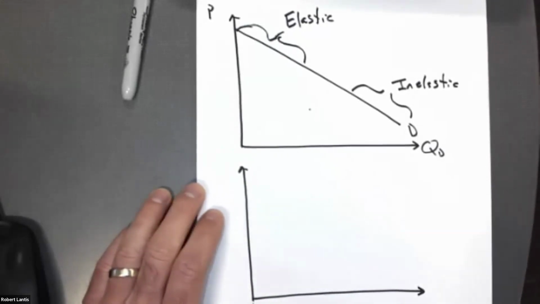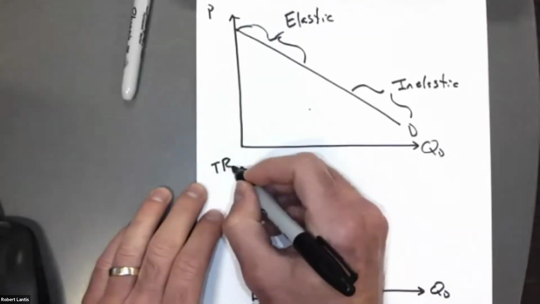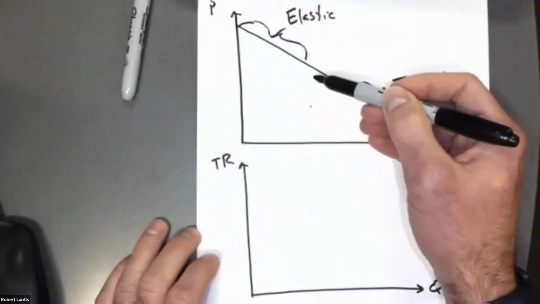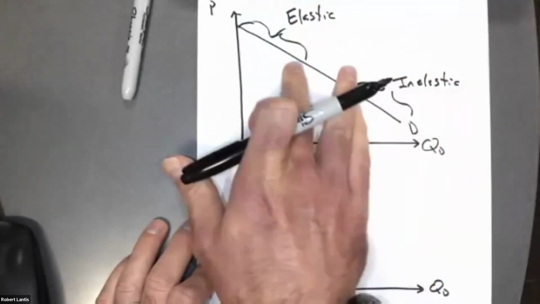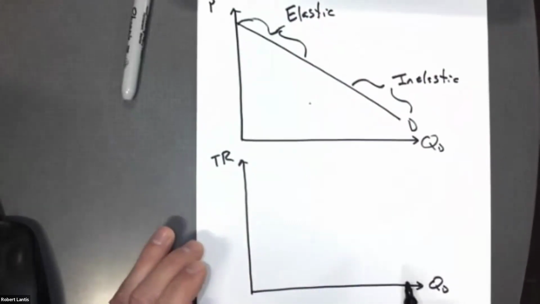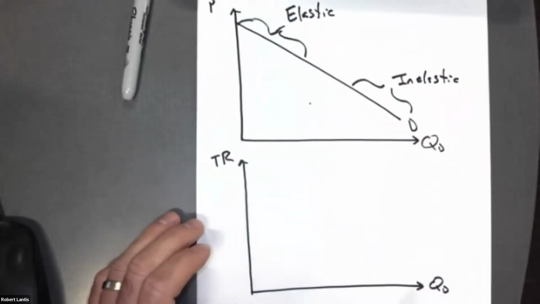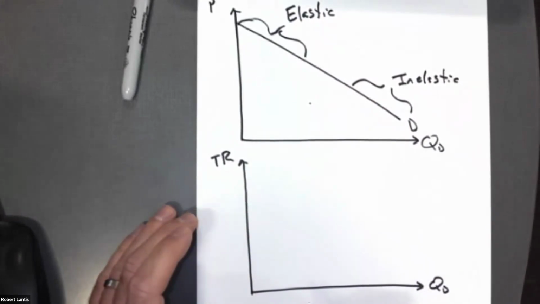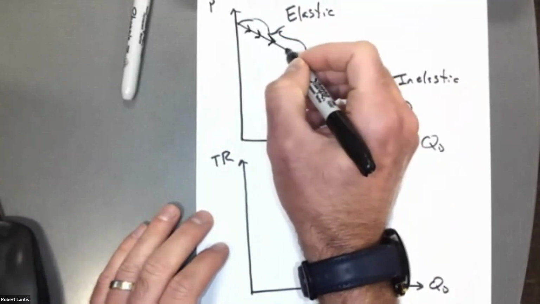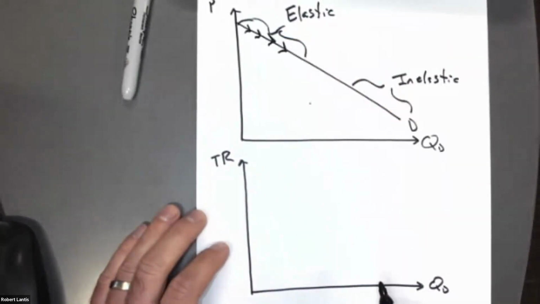for these different quantities sold, what would be the corresponding total revenue? So as I'm changing the price, I'm getting to different quantity demanded. At these different quantities demanded, or these different numbers of units, what's happening to total revenues? Well, initially, as I'm decreasing the price, what am I doing?